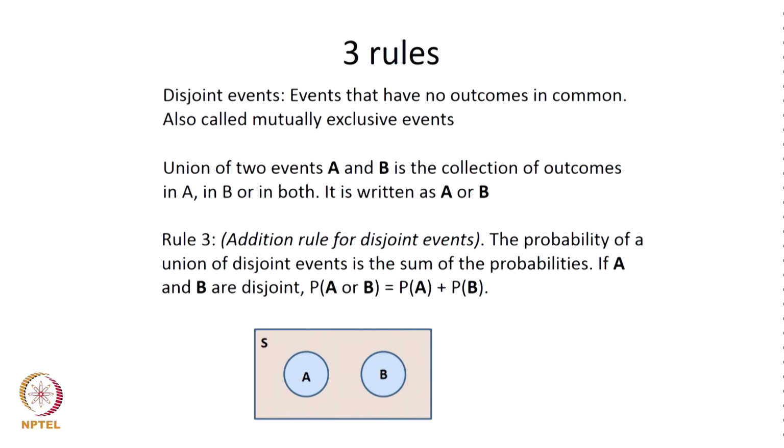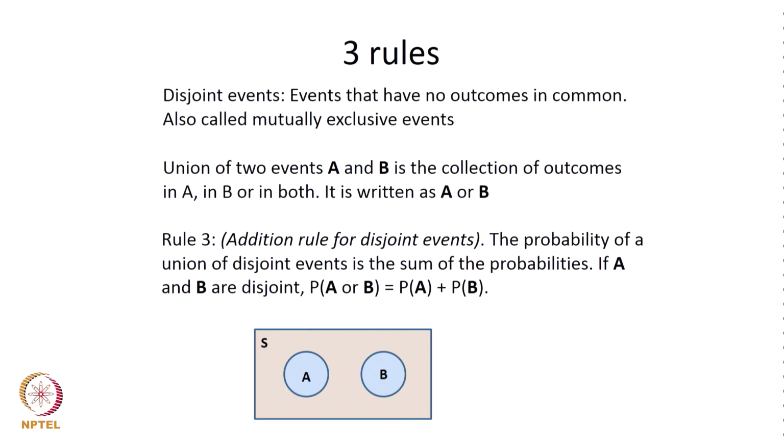Let us continue. Now, we have something called disjoint events. So, events that have no outcomes in common are called disjoint events, sometimes also called mutually exclusive events. Now, we define union of two events A and B is the collection of outcomes in A, in B or in both.